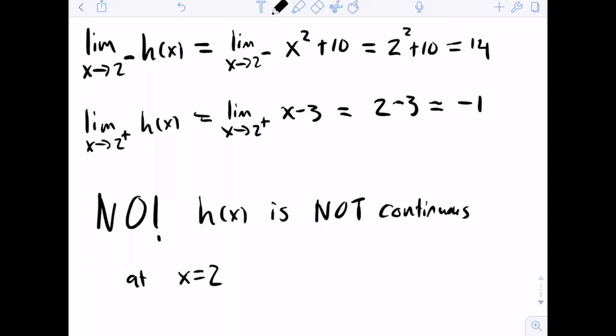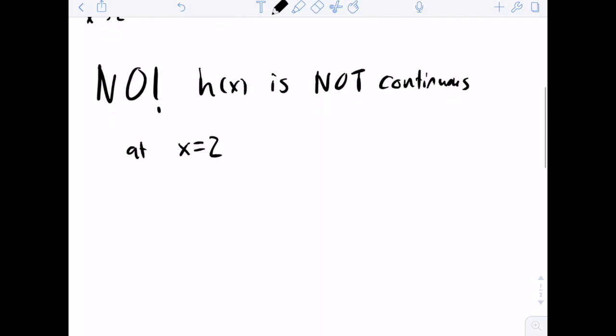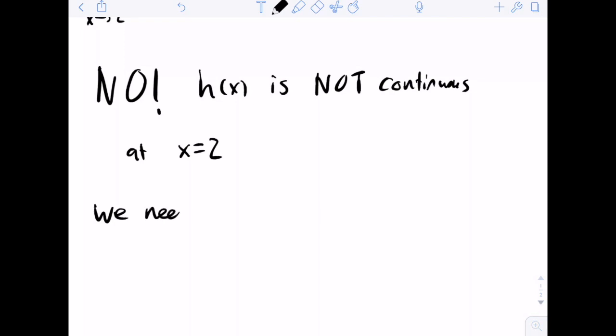If the function's continuous, it means it doesn't have any holes or any gaps. So if you're approaching 2 from the left and you get 14, and then you approach 2 from the right and you get -1, there's obviously a big gap between 14 and -1.